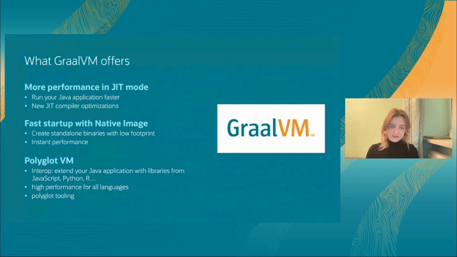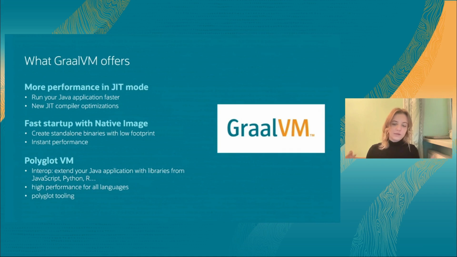And last but not least, GraalVM is also a polyglot VM. In addition to Java and traditional JVM languages such as Scala, Kotlin, Clojure, you name it, GraalVM can also execute other languages such as JavaScript, Python, Ruby, R. And not only can GraalVM execute each single one of those languages, but it can also execute polyglot programs, programs written using any combination of those languages or any libraries from any of those languages.